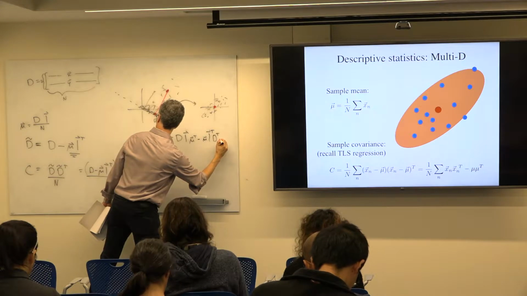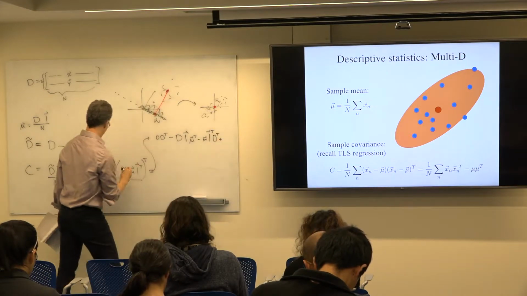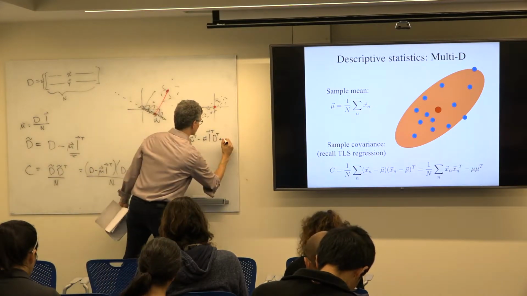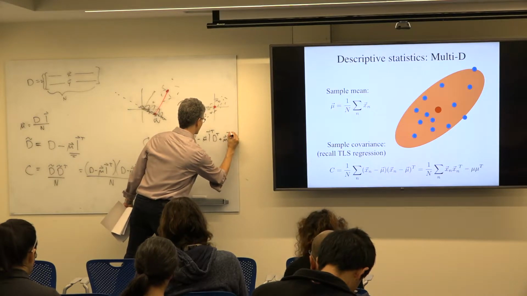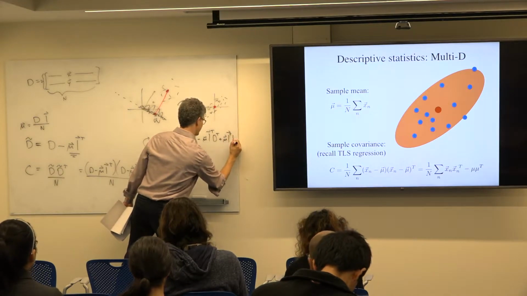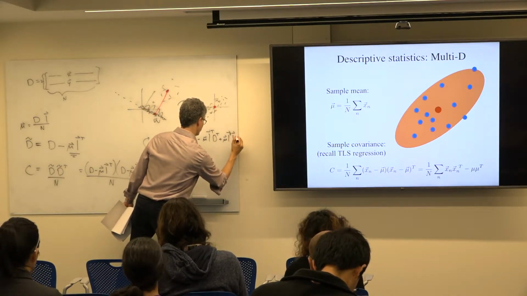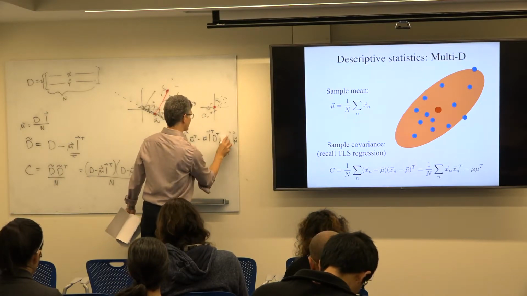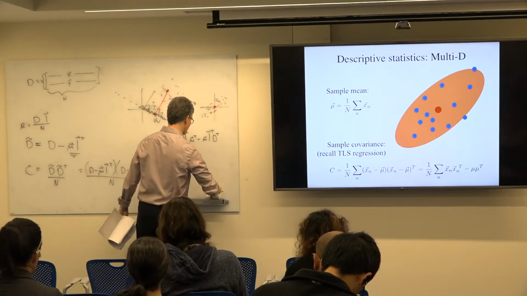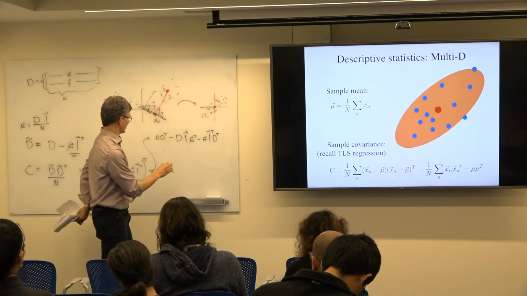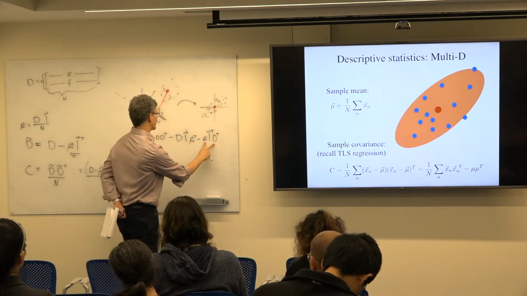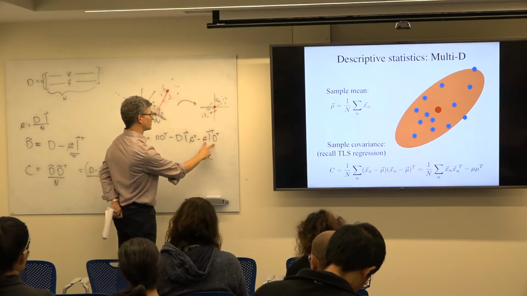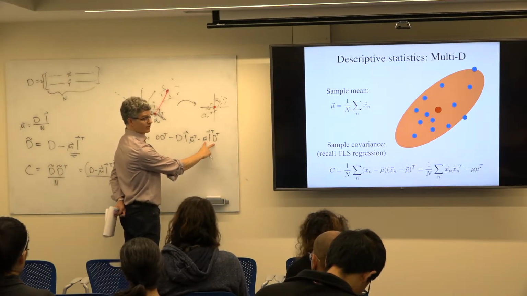And then the one last thing, which is plus mu times 1 transpose times 1 times mu transpose. I've run out of board space. Before we write the last term, we're going to notice that these two things are transposes of each other.